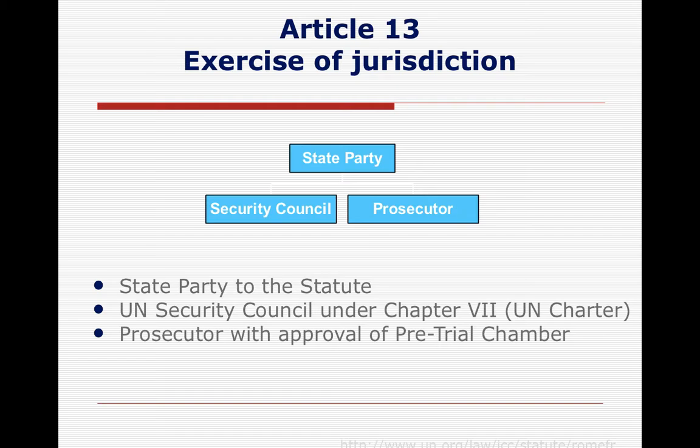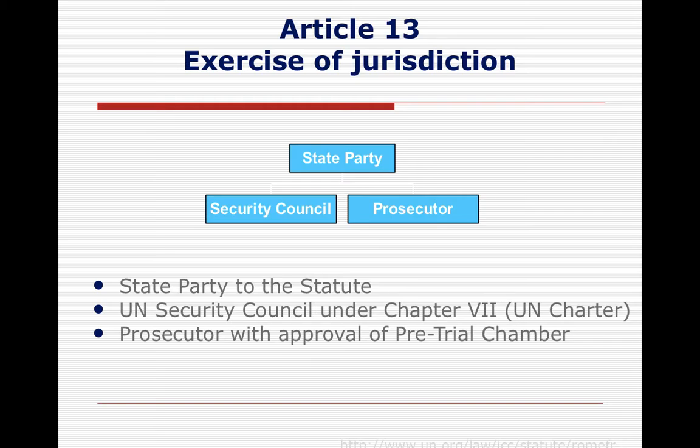And the third one is the role of a prosecutor in the ICC. The prosecutor can, by himself or herself, bring a particular problem or a concern to the attention of a pre-trial chamber in the ICC, and say that certain international crimes have happened and that the ICC should look into the matter closely. And this has happened actually very recently with reference to the plight of the Rohingyas in Myanmar.